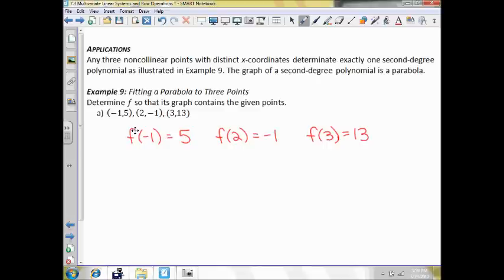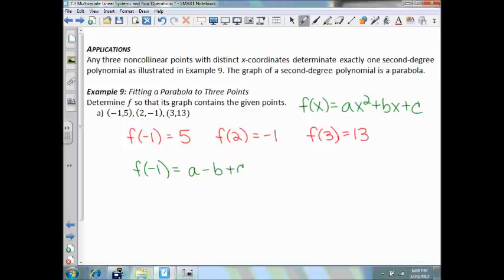Now we're going to put it into the equation f of x equals ax squared plus bx plus c. For the first one, because x is -1, -1 squared is 1, so we're left with a, minus b because you put -1 in for x, plus c, that will equal 5.